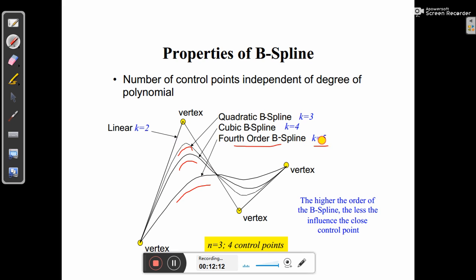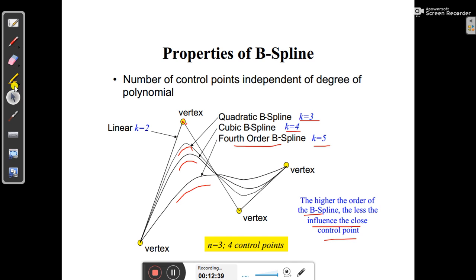The higher the order of the B-spline, the less the influence of the closest control points. So when the order is higher, these close control points have less effect on the curve.